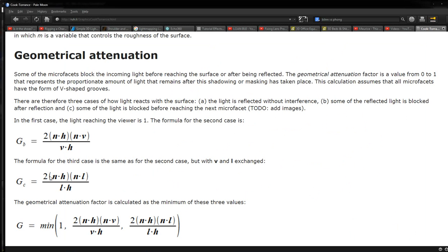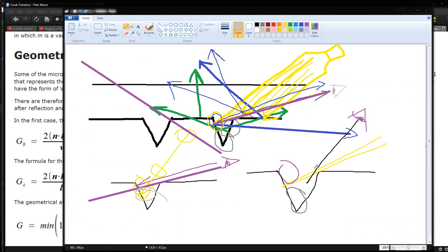In the second case, which is 2 times n dot half vector times n dot light direction divided by light direction times half vector, that would be the case where some of the light I can't see because the surface is blocking my vision.